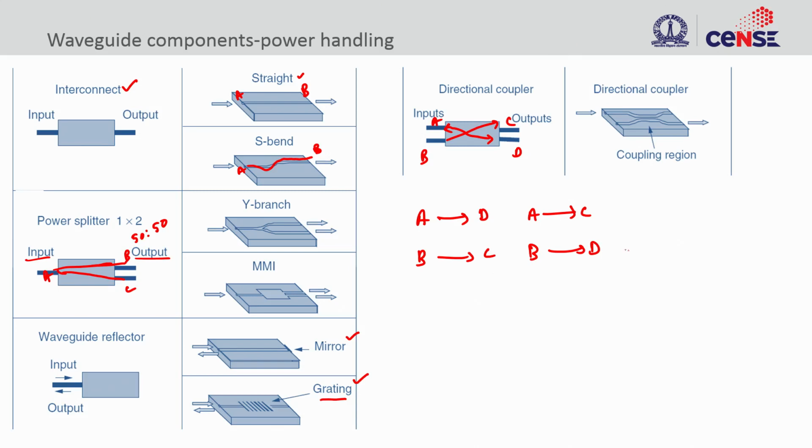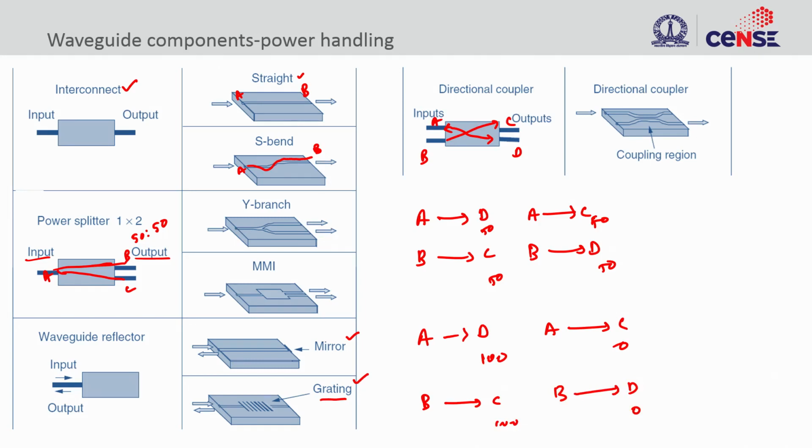So, this can be 100% or you can say I want to just put 50-50 here, right. Or in other cases you can say A to D is 100, right, and A to C is 0, right. Similarly, B to C is 100 and B to D is 0. So, I can also realize this kind of configuration.